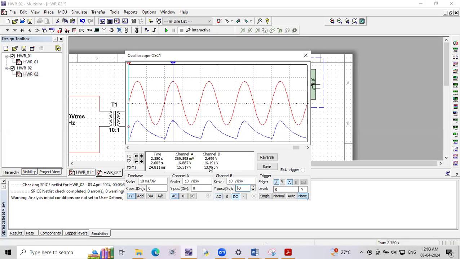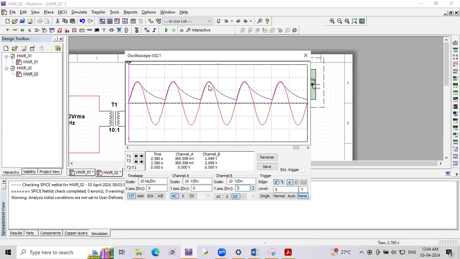Now you need to take the output voltage value. Just put it in the peak and take down the value, 13.4, using T2 minus T1. You can take down 12.037, or directly we can put it at 0 and see how many boxes it covers.